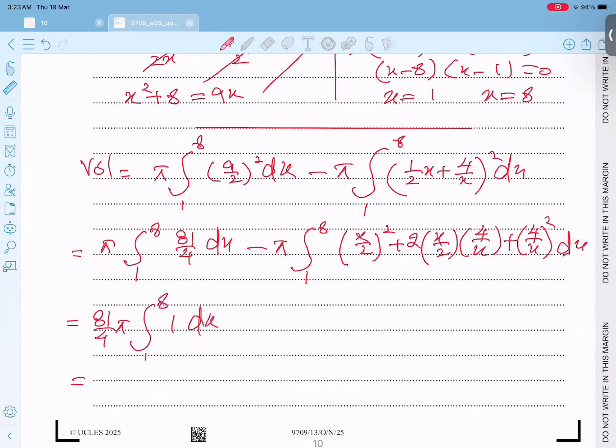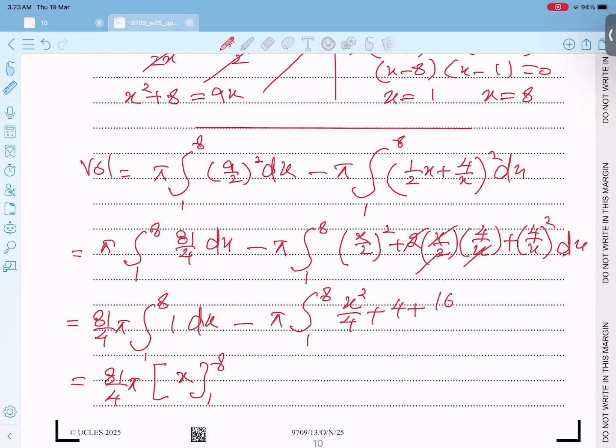And all of you are familiar, the integration of 1 becomes x, from 1 to 8. This is done. What about the other one? First I have to simplify. So x to power 2 over 4, the 2 cancels and this x cancels. I got only 4. So I think this part is very clear.